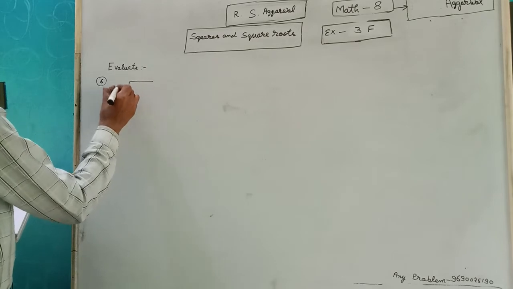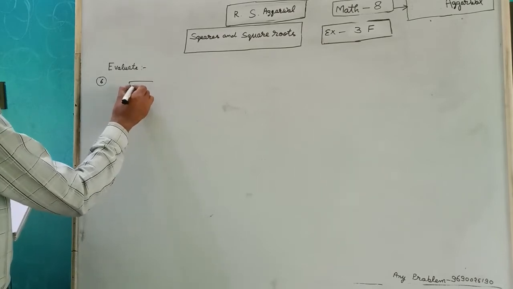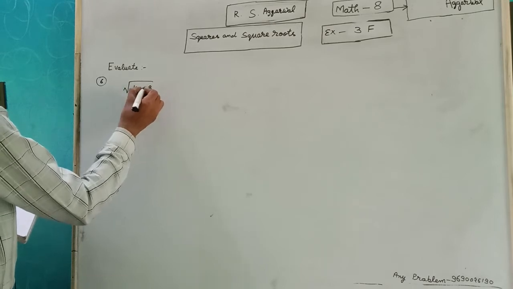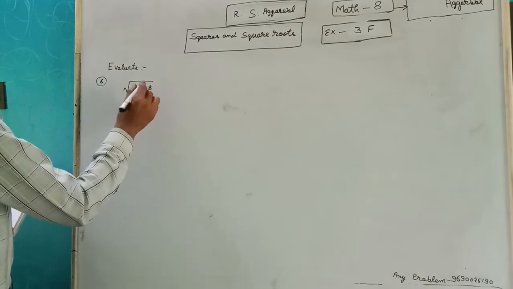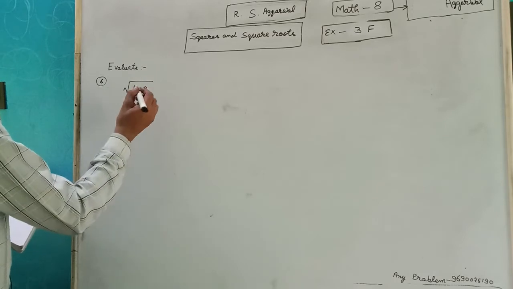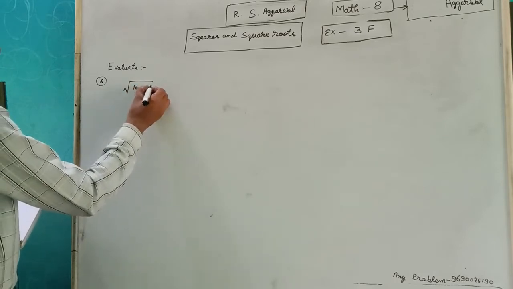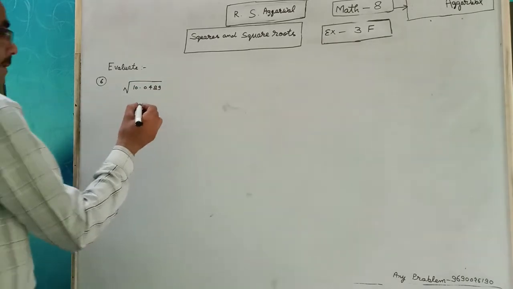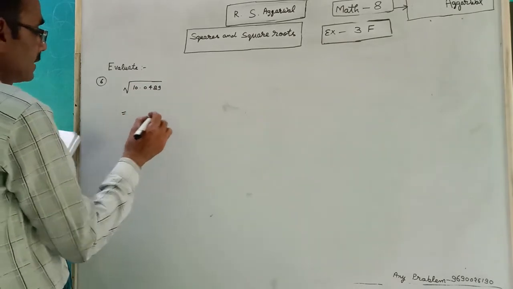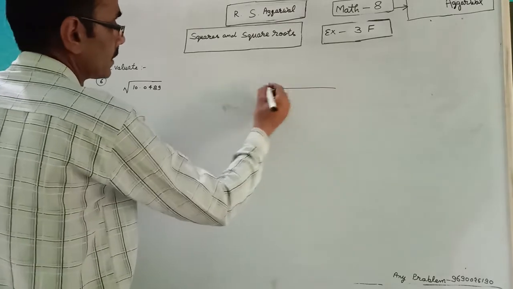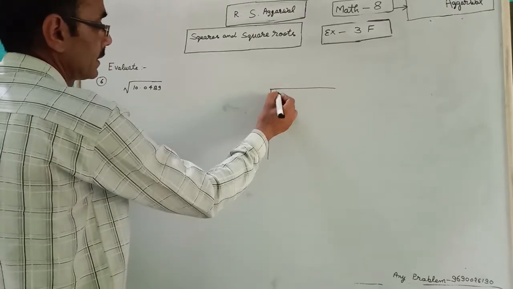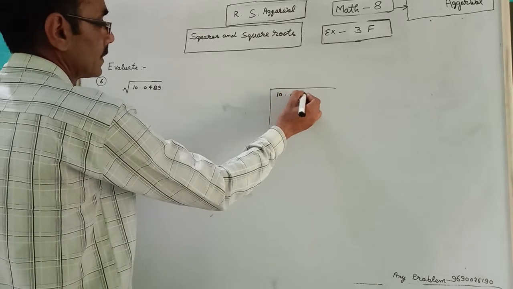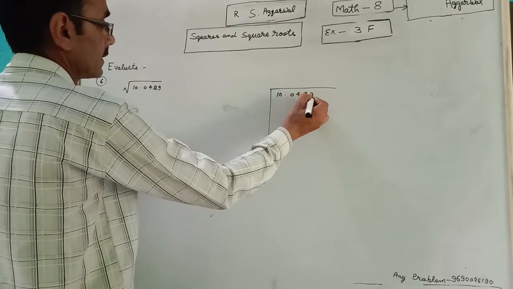Question number 6 is square root of 10.0489. We find the square root of 10.0489.